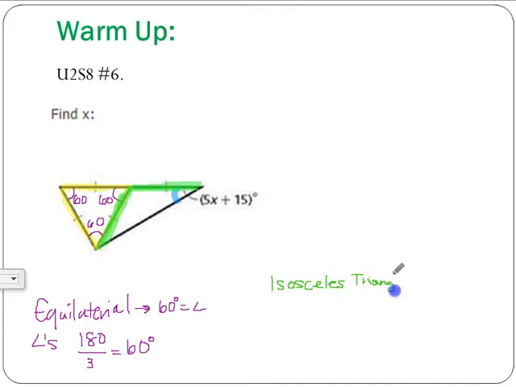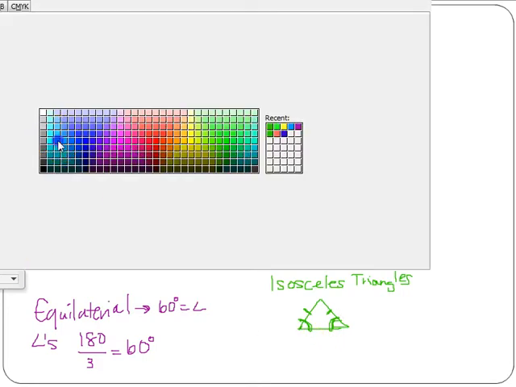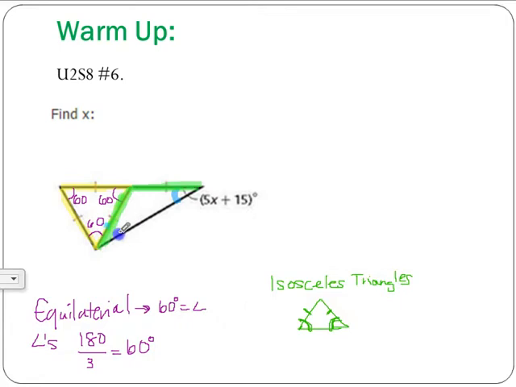And we know in isosceles triangles we've got 2 congruent legs, and the angles opposite those congruent legs are going to be congruent. So that means that these 2 angles that I'm highlighting in blue have to be congruent.